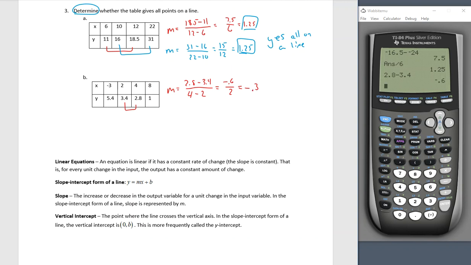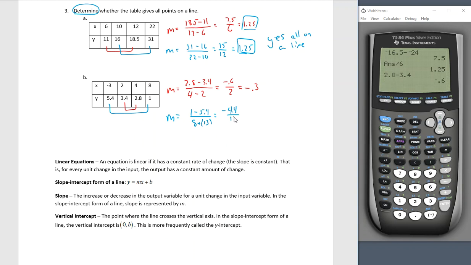All right. And what if we check these two? Subtract the y values, 1 minus 5.4. Subtract the x values, 8 minus a negative 3. 1 minus 5.4. Negative 4.4. 8 minus a negative 3.